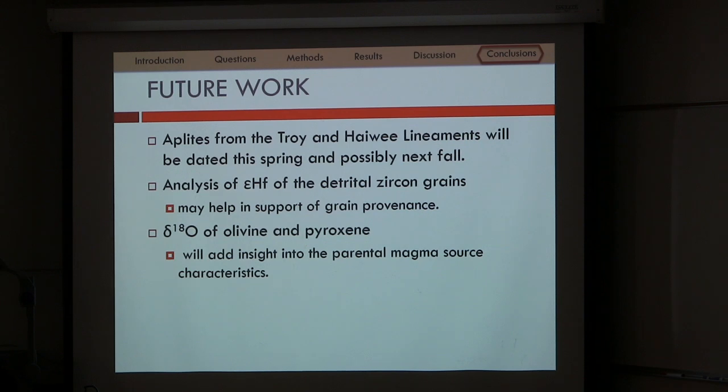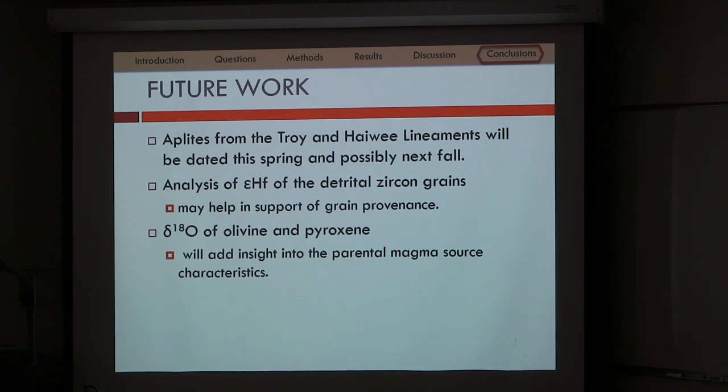Okay, so some work is being performed on these two lineaments out here, these proposed lineaments that we have. So those aplites that we mentioned in our two lineaments that seem to be associated with our gabbros, they haven't been dated, so they'll be dating them here the next spring and summer.